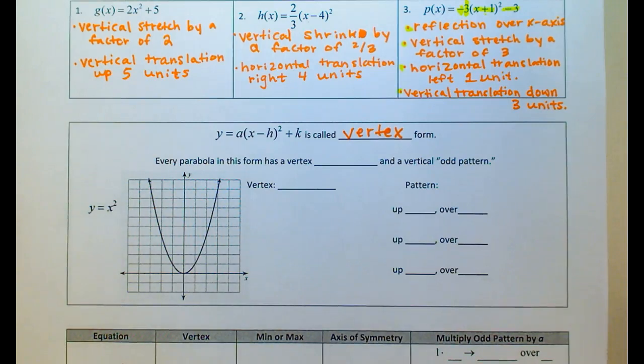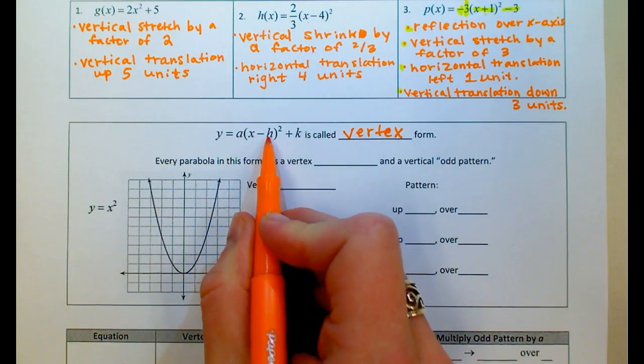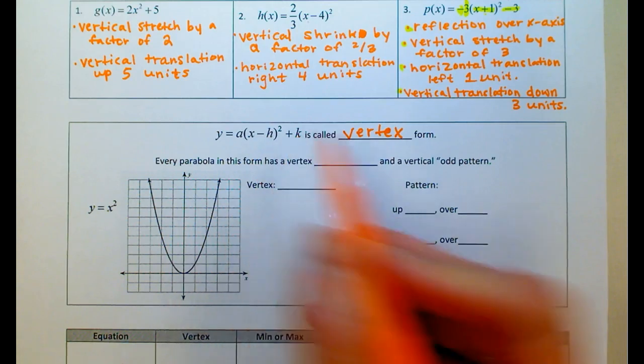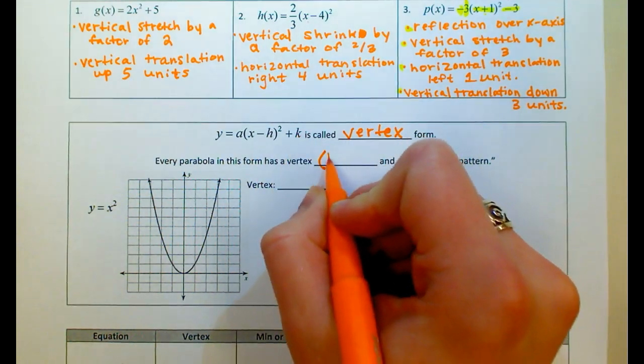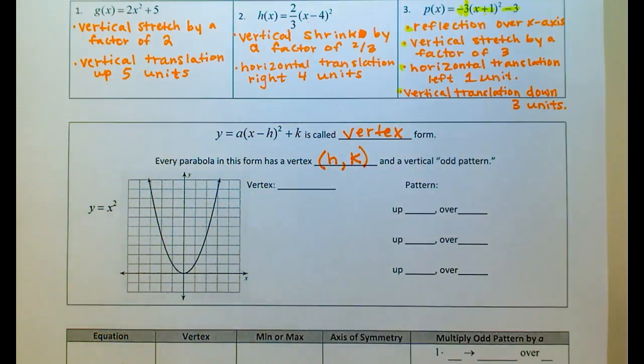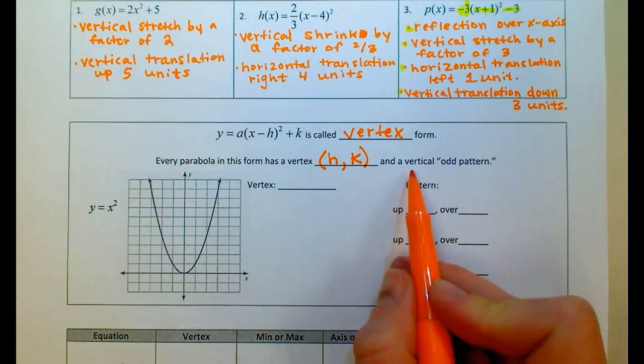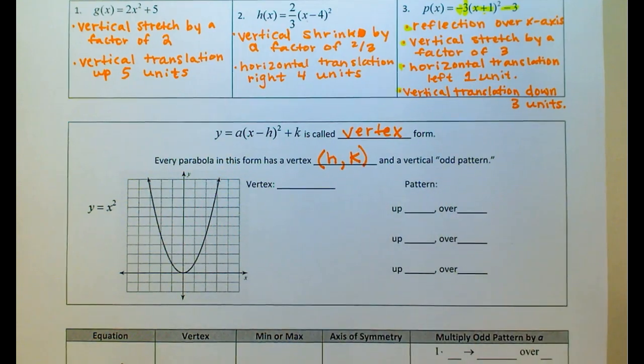Every parabola in this form has a vertex, and the vertex comes from your horizontal translation and your vertical translation. So we call our vertex h, k. Those numbers tell us what our vertex is. And they have a vertical odd pattern.